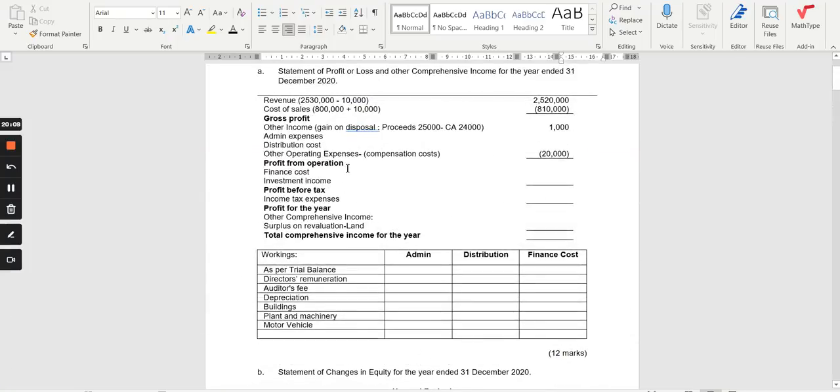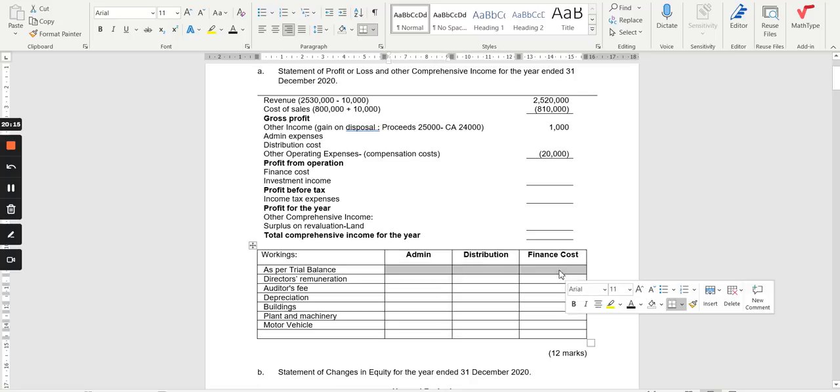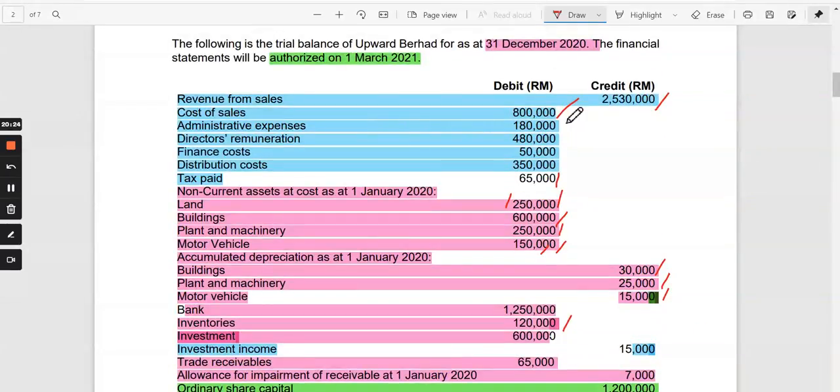Next is admin expenses. For admin expenses and distribution and also the finance cost, I'm doing it straight away. Put the trial balance figure first. I'm taking it from here, here 1, and here you have your finance cost, here is distribution cost.